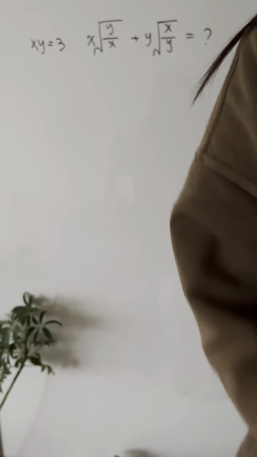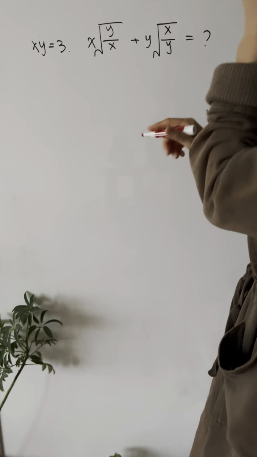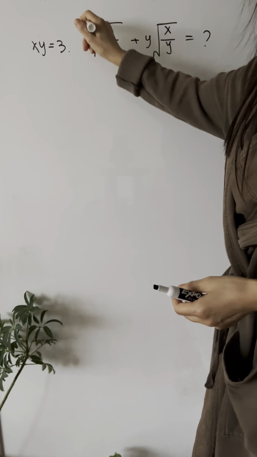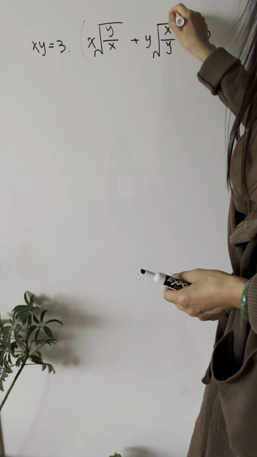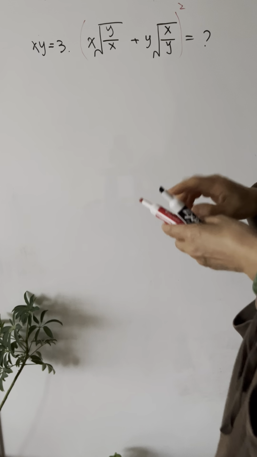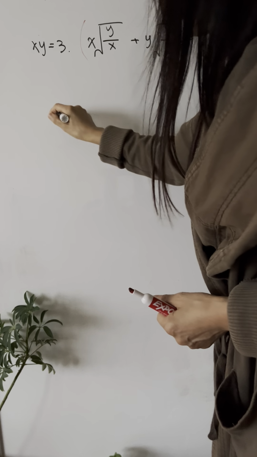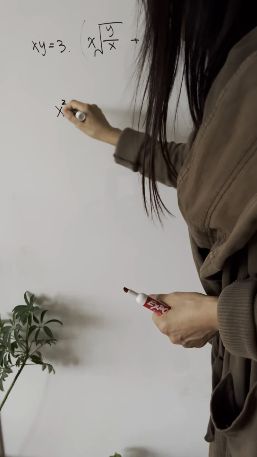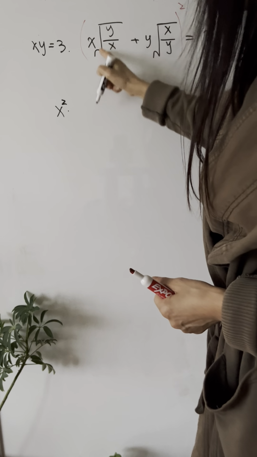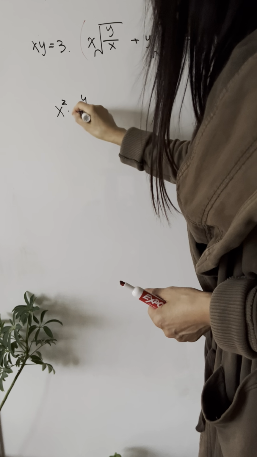Let's square. Let's make this term square. Let's square this term. Right, let's see what happens. If we make this term square, we have x squared times, the square root and square cancel each other, y over x.